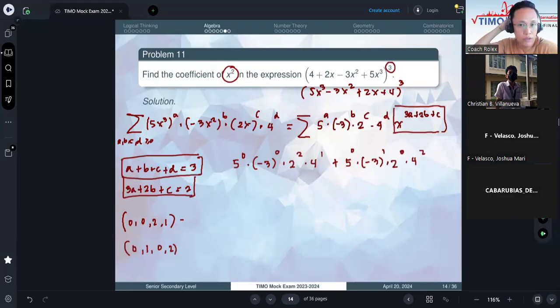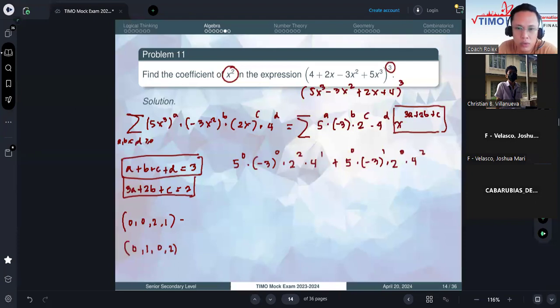Then we need to simplify this one. Okay? Can we have other numbers? For example, your c is equal to 2.